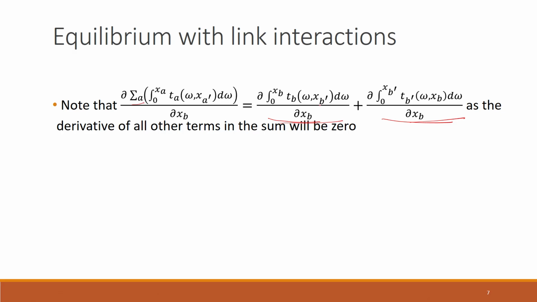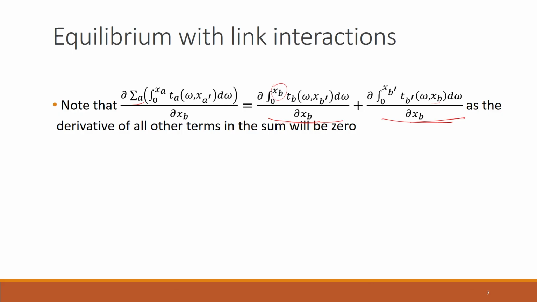Okay. So, here you can see that when we are considering a equal to b, this integral is a function of x b. And that is why this term is not 0. Similarly, the travel time on the opposite link to b, which is b dash, is a function of x b, that is, the flow through link b.